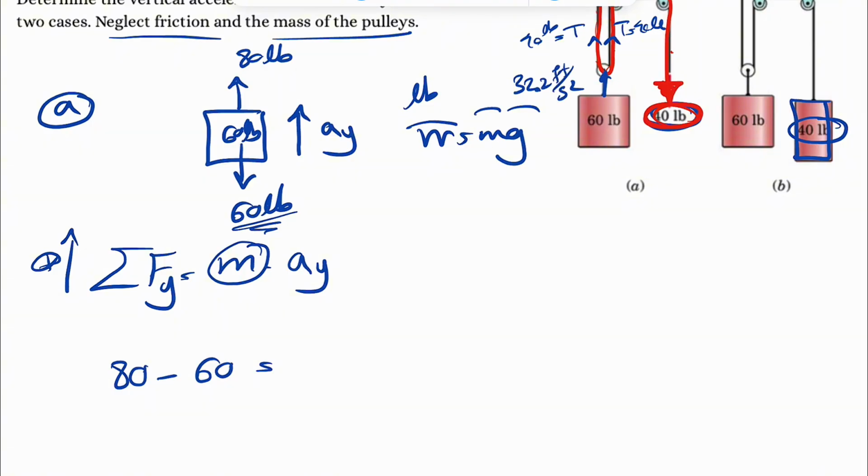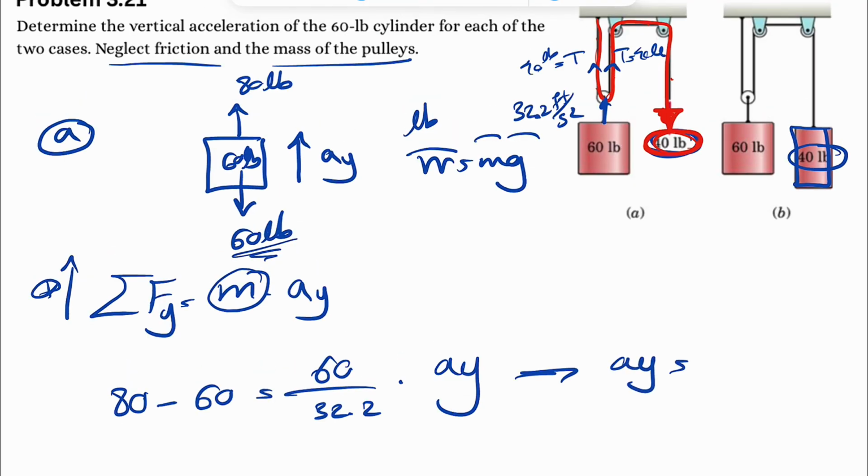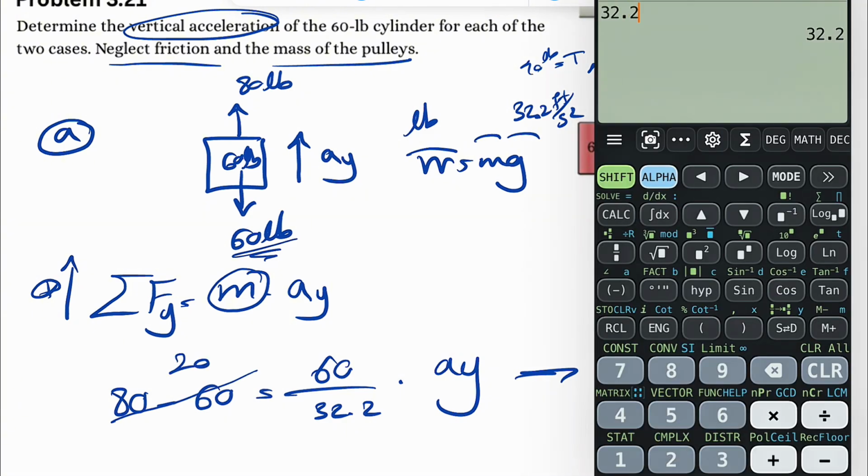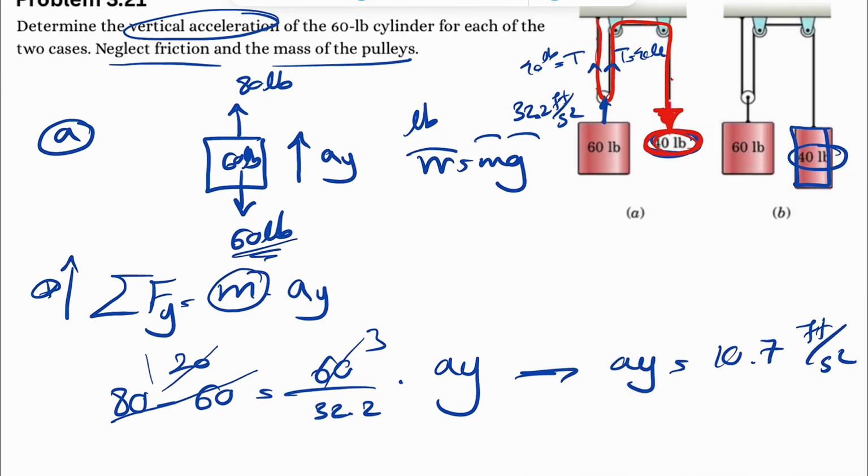So we're going to divide the weight, which is 60, by 32.2 to get the mass in slugs, and that's going to give us a_y, which is our vertical acceleration, or what the question is asking. So basically this is going to be 20 equals 60 over 32.2 times a_y, so a_y is 32.2 divided by 3, so we can cancel this out. It's going to be 3, so the acceleration would be 10.7 feet per second squared. That's going to be the answer for the A part.